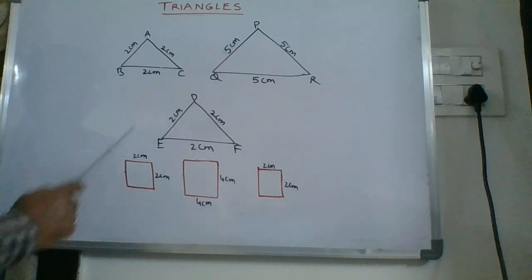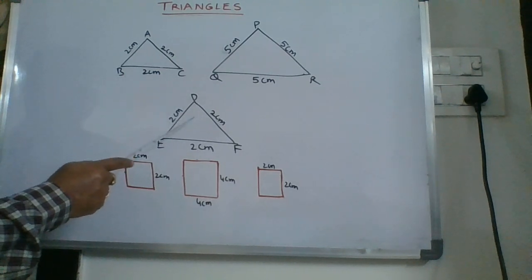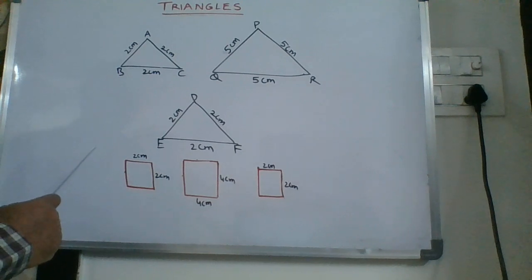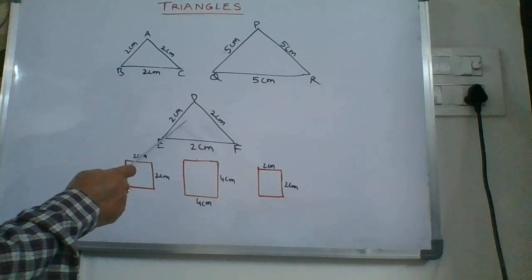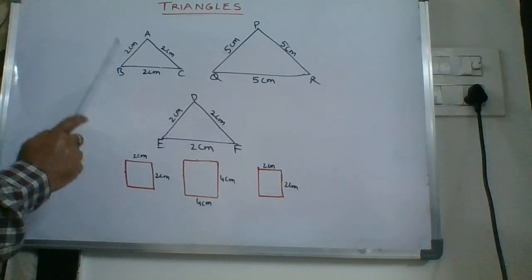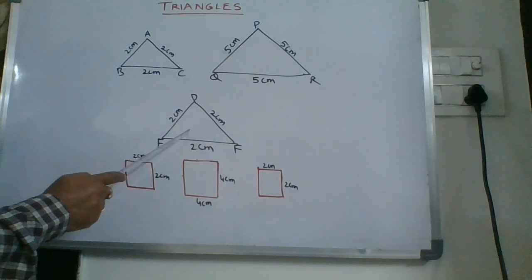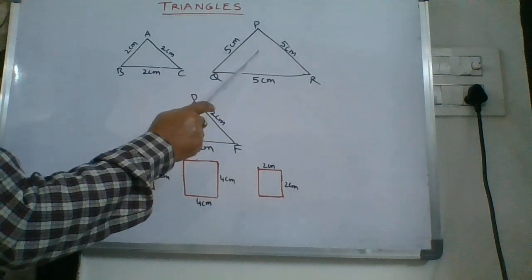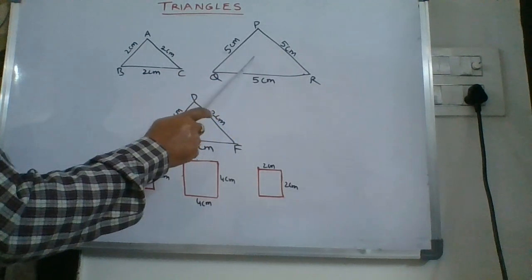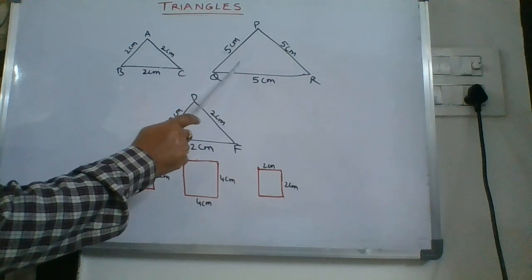So these two triangles are said to be congruent. If they have the same shape and size, they are known as congruent. The figures which have same shape and size are known as congruent. Now, are triangle ABC and triangle PQR congruent? No, because the shape is same but the sizes are different.